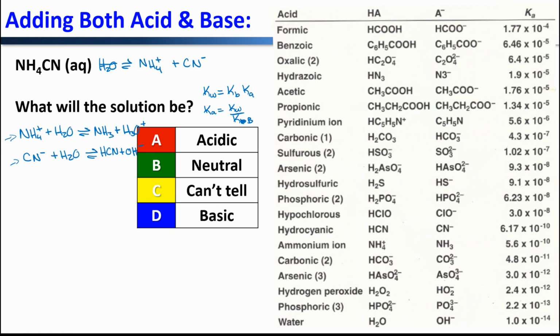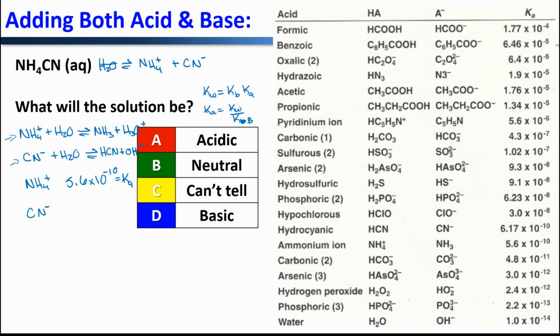All right, so NH4, where's my ammonium? There it is. I have NH4 plus, and its Ka is 5.6 times 10 to the negative 10. For my CN minus, I want its Kb, because its Ka is not going to do me any good.